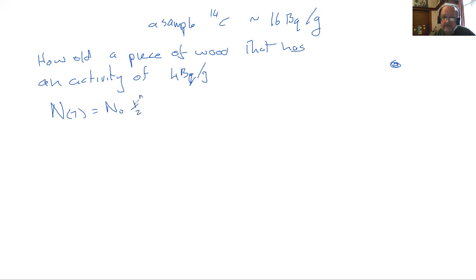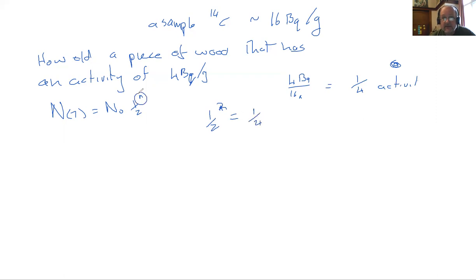So let's not even muck around with this too much. What we can work out is 4 becquerels over 16 becquerels equals 1/4 the activity. And if we look at this equation, half to the power of 2 is equal to 1/4.